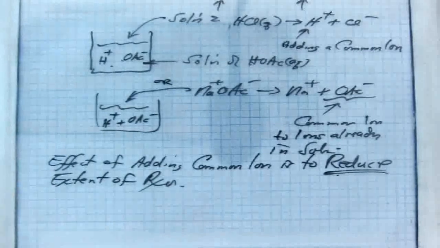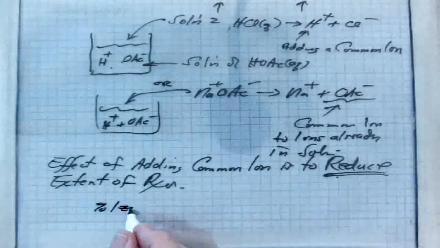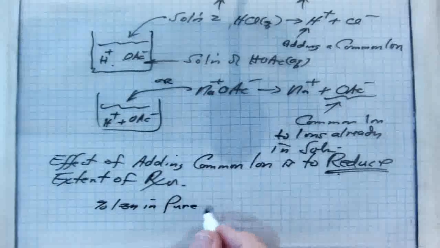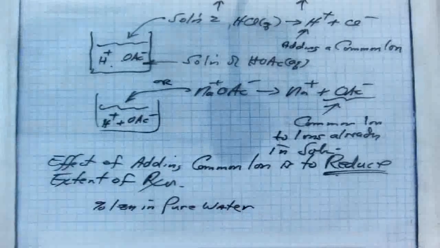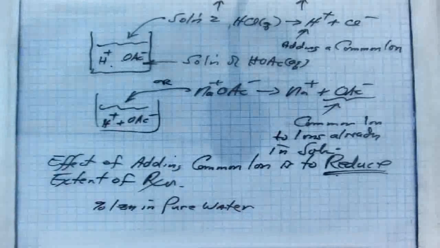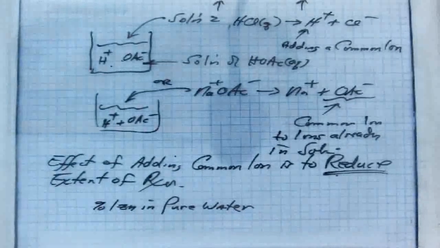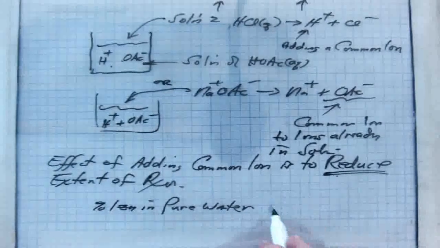And we'll find out that the percent ionization in pure water is much greater than the percent ionization with a common ion. So we have what was referred to as normal extent of reaction, or normal ionization, and then you have reduced ionization due to the common ion effect.